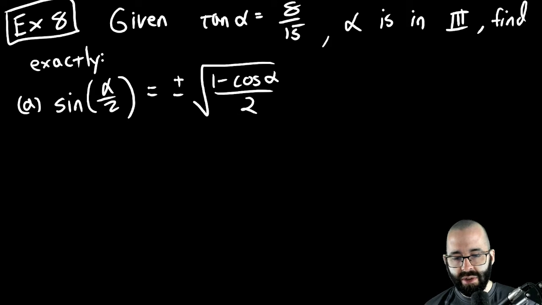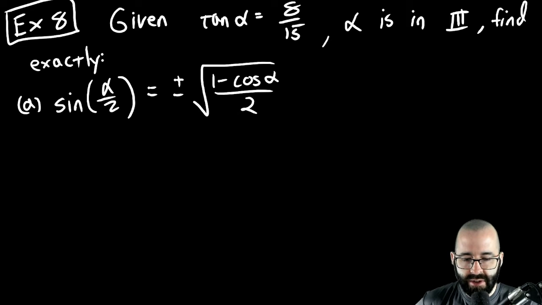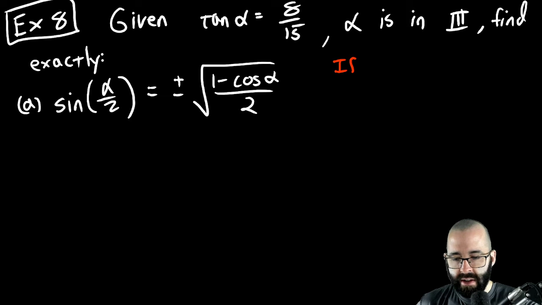Well, if it's in quadrant 3, we don't know how big alpha is, but let's just pretend that alpha is in 0 to 2 pi. We don't know that, but if it is in 0 to 2 pi, I really should write it down.